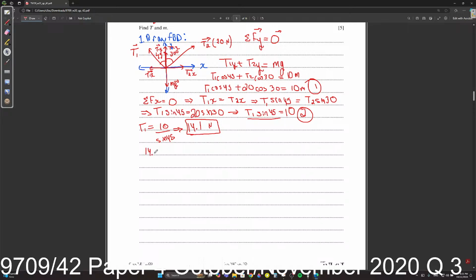So you go back up here to equation 1 and substitute T as 14.1. You're going to get 14.1 times cosine 45 plus 20 cosine 30 is equal to 10m. So m is equal to all of this divided by 10.